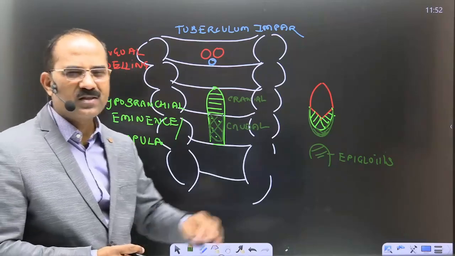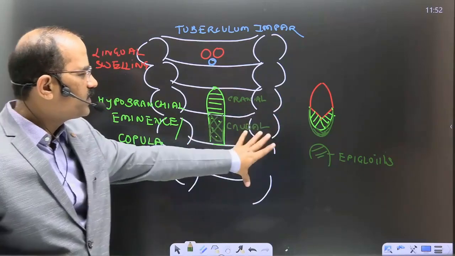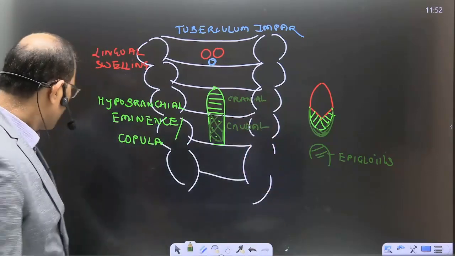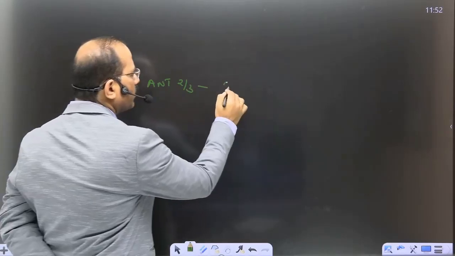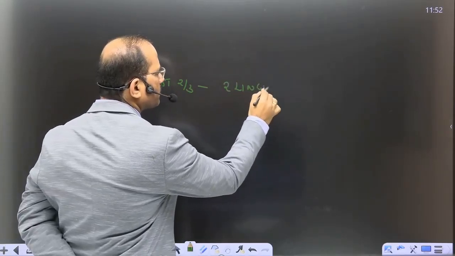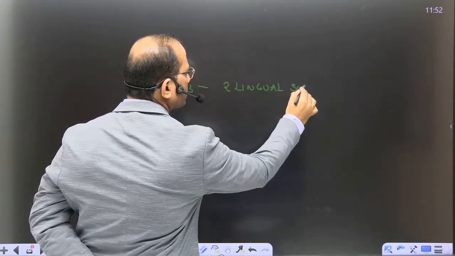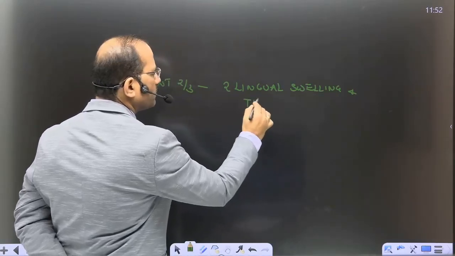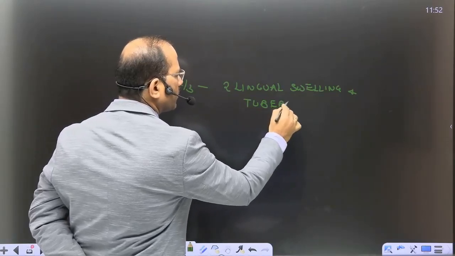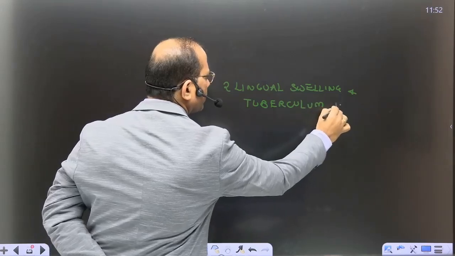So I'll just write this down for you so it will be clear to you. I hope this is clear. The anterior two-thirds of the tongue is derived from two lingual swellings and tuberculum impar.